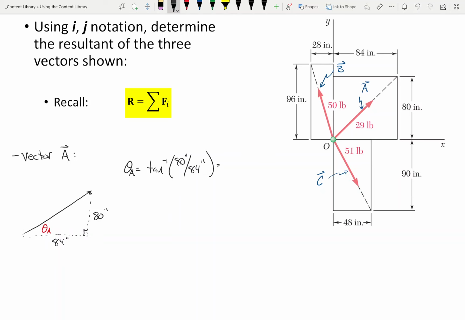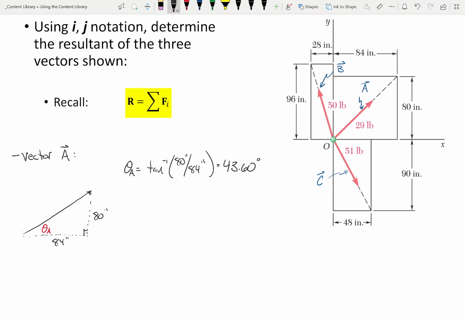What do we get here? Let's say 2 decimal places. 44.64. 43.60.